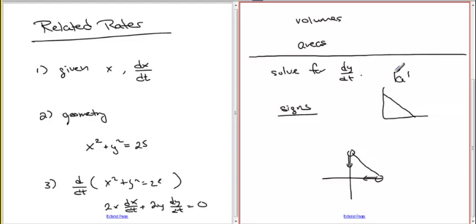So if this is the ladder, the hypotenuse is constant, whereas in the plane case, we actually had x squared plus y squared equals s squared. And so when we took the derivative of this, we would get 2x dx/dt plus 2y dy/dt is equal to 2s ds/dt. And that's fine. The thing is, if you're calculating ds/dt, you need to know both of these, which would be the speeds of the airplanes. Whereas in the ladder problem, this part is a constant, so it's a little simpler.